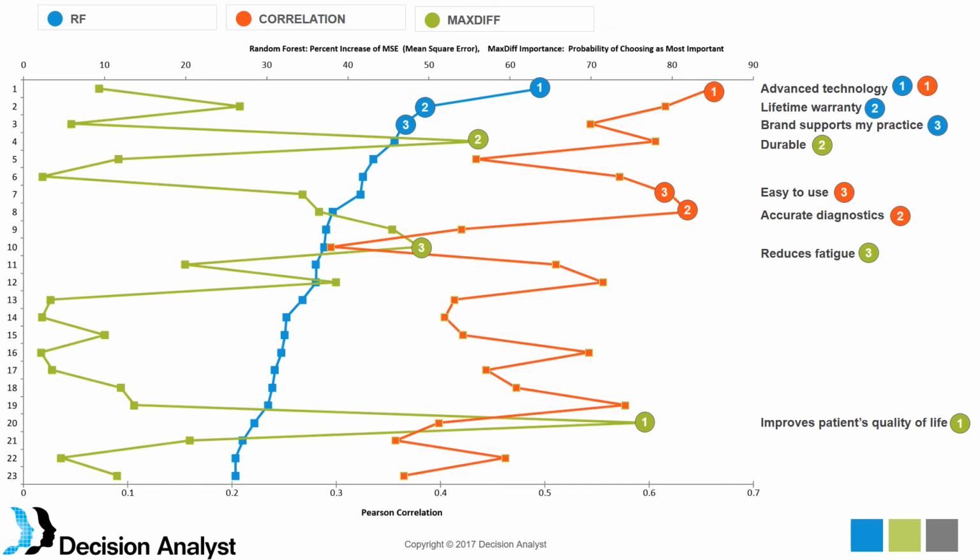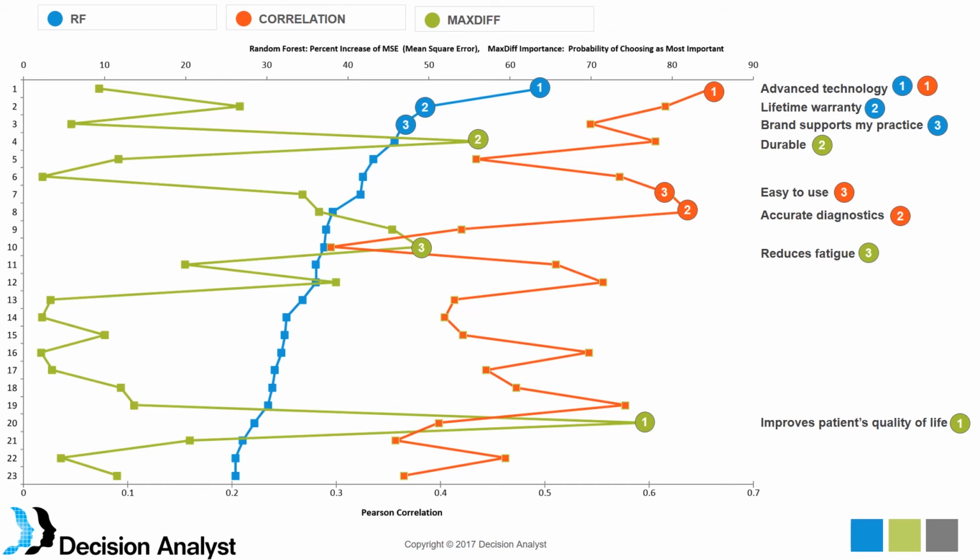And after all, most of them chose to be in that profession because they did want to improve people's lives. But what's interesting is what the random forest and even the correlation point to, which is there are other factors that are hidden that are ostensibly more important to the final decision.